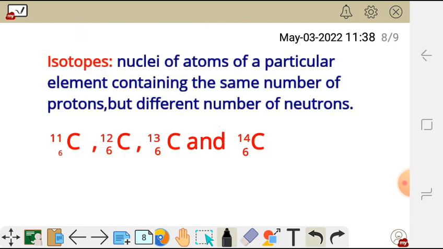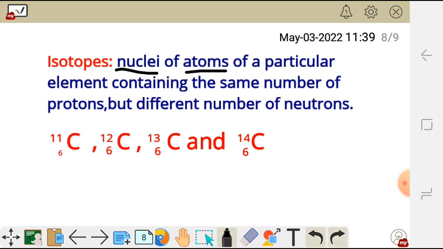We also have what we call isotopes. Isotopes are simply nuclei of atoms of a particular element containing the same number of protons but a different number of neutrons.